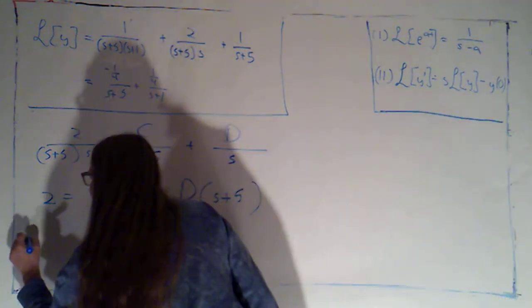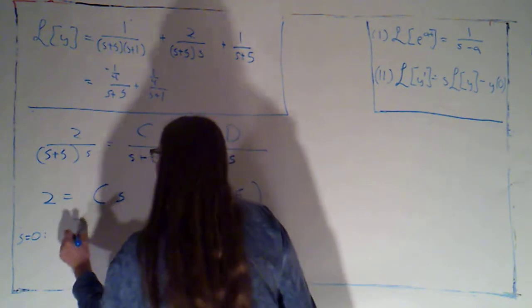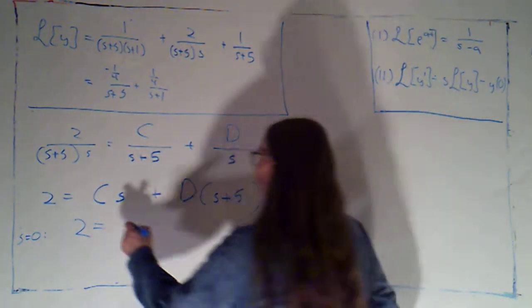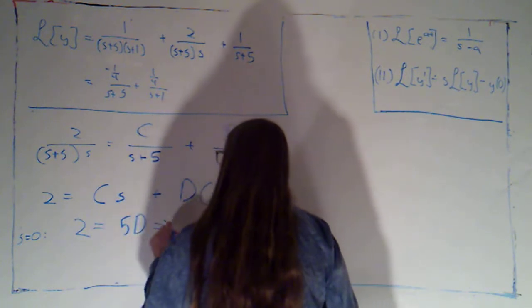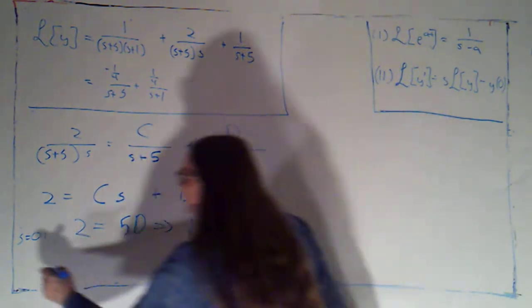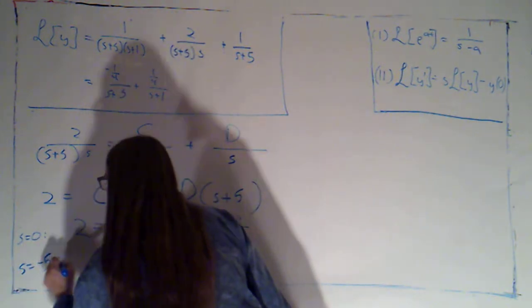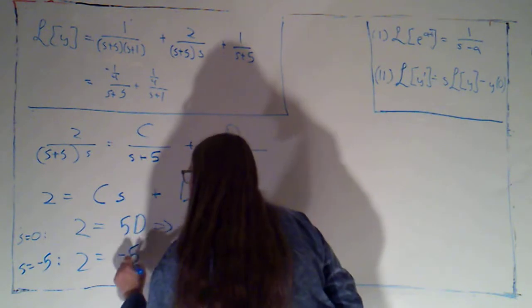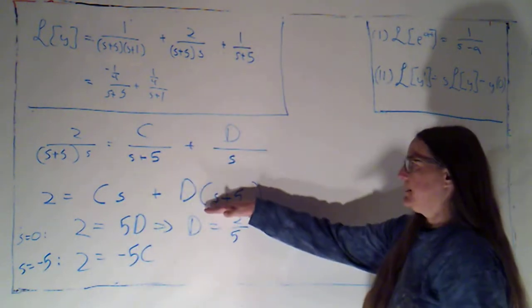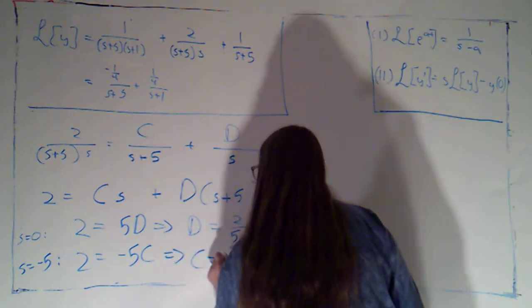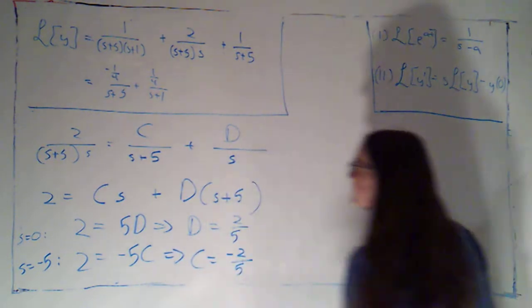So in particular, if s is equal to 0, 0 kills off the c's, 2 is equal to 5d, and so d is equal to 2/5. If s is equal to negative 5, I get 2 is equal to negative 5c, and negative 5 kills off the d's, so that's going to tell me that c is negative 2/5.